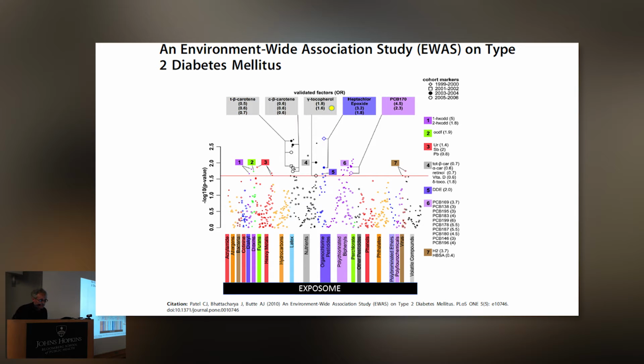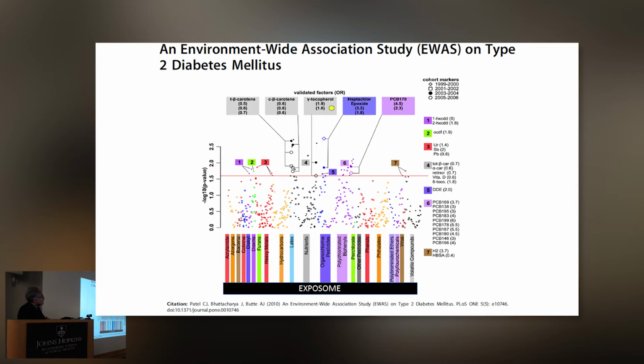Now in this case, in the study by Patel et al. at Stanford, they made this association between exposures to environmental factors such as nutrients, such as micronutrients in the blood, pesticides, and other factors in the environment.